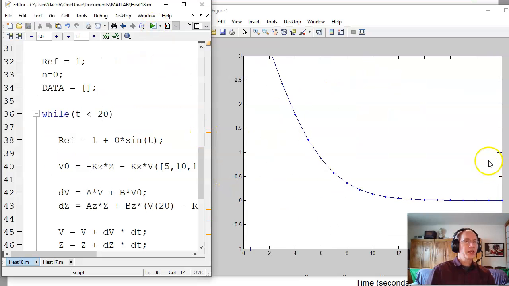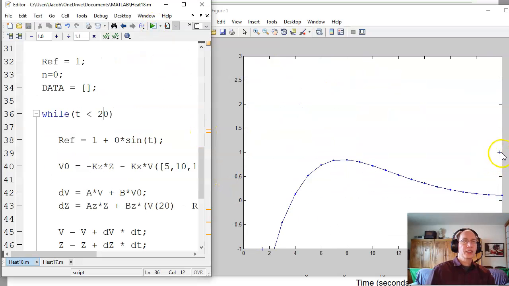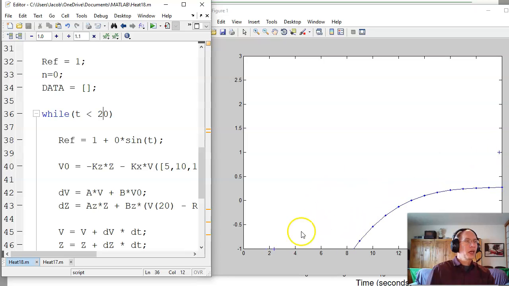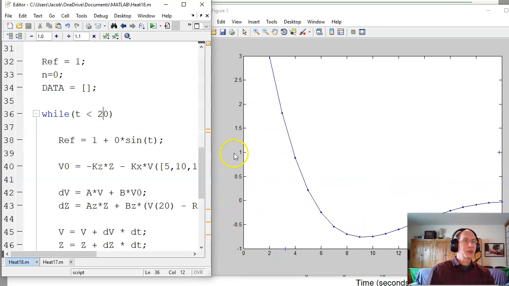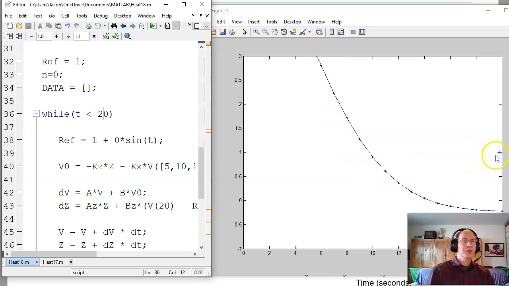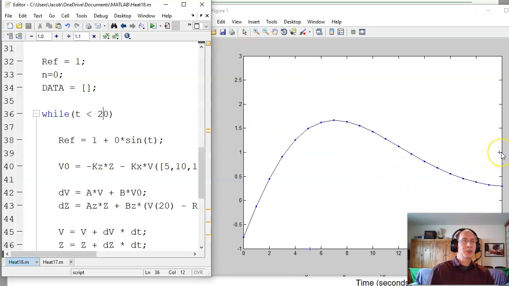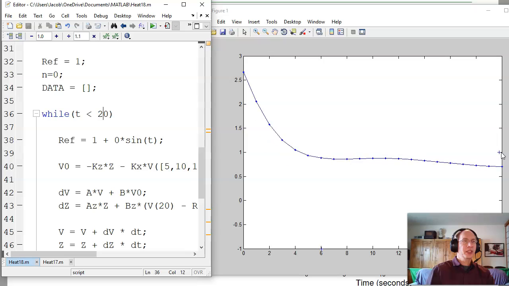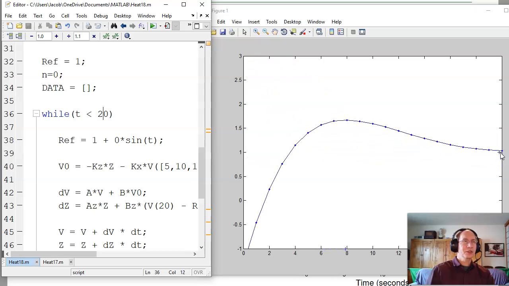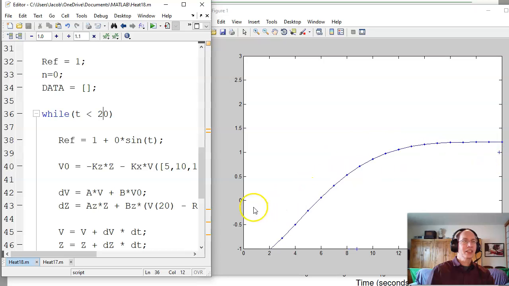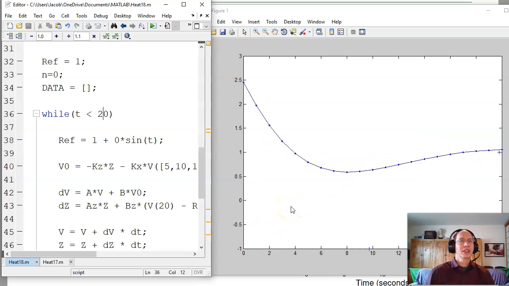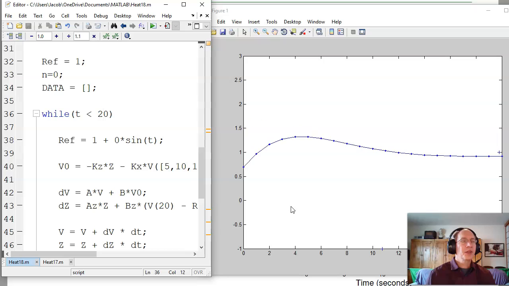So if you try that, with my set point right here is a constant at 1. The left-hand side is my control input. It's searching, trying to figure out what the input should be to force the output to go to 1. And it's trying to figure out, is it a sine wave? Nope, doesn't look like a sine wave. Is it a constant? Kind of looks like a constant. Eventually it'll settle out and figure out what the input needs to be to hold the output at 1.